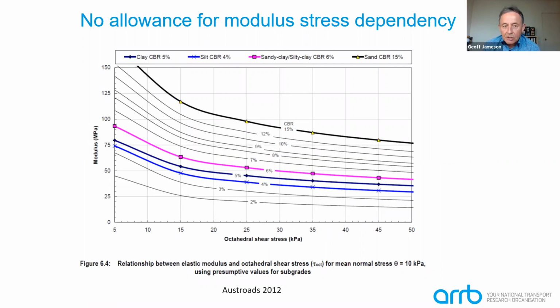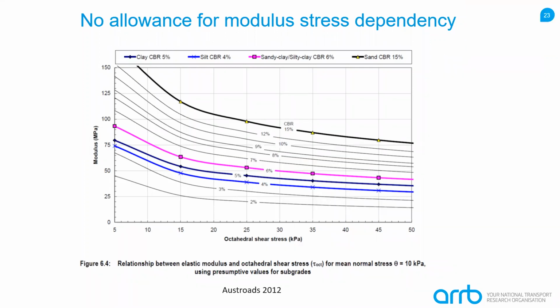That was then used in our nonlinear elastic modelling to calculate how the modulus value changed with the stress level. So we did that for both the subgrade and also the granular materials. We looked at the literature and came up with a set of presumptive values. So that might be of use to researchers.